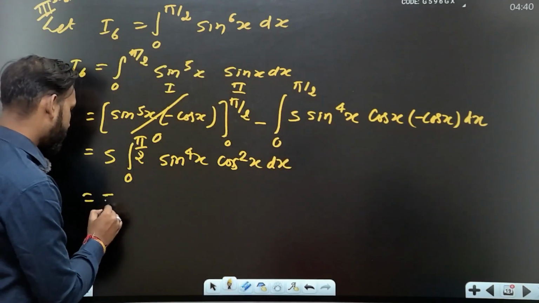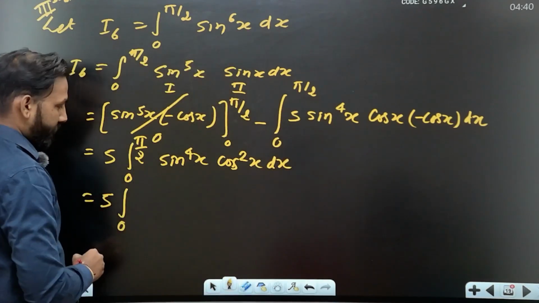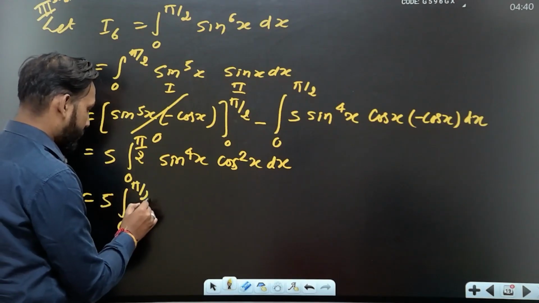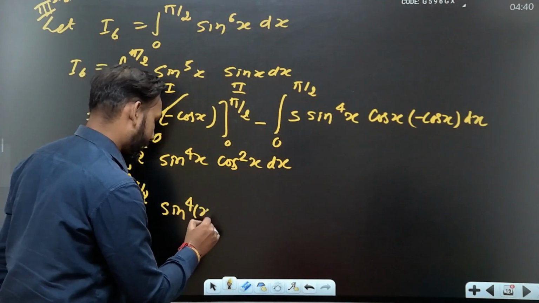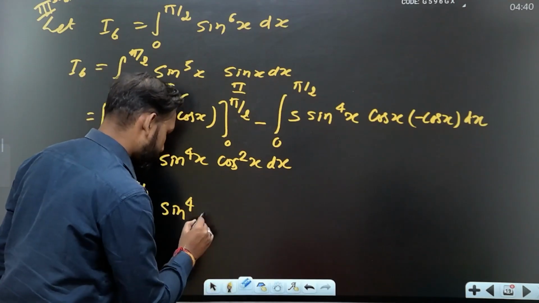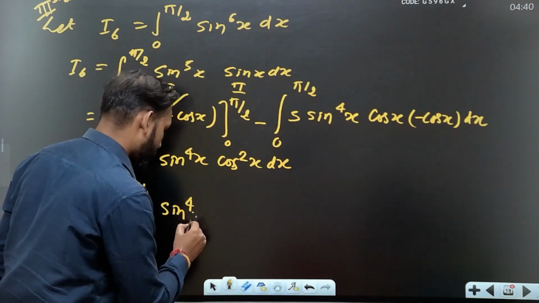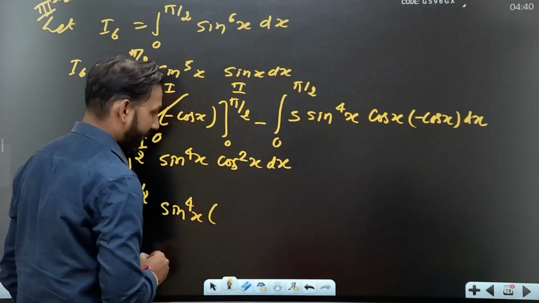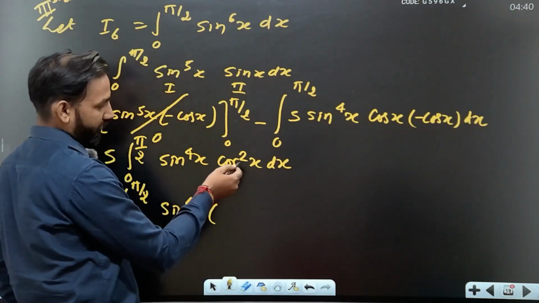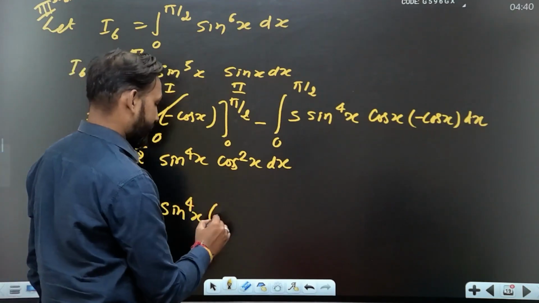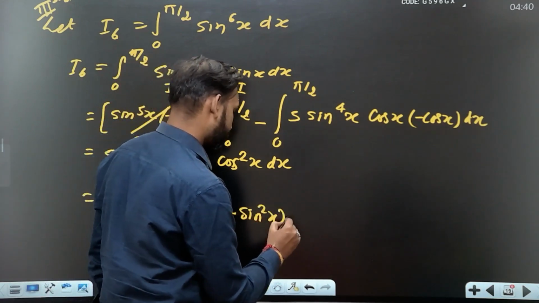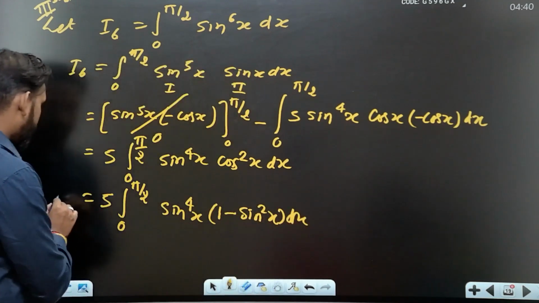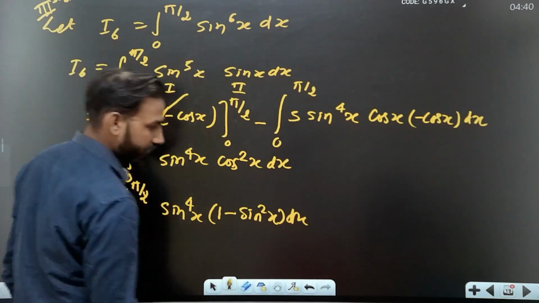Again, 5 times the integration from 0 to pi by 2 of sine to the power 4x multiplied by cos square x, which can be written as 1 minus sine square x, dx, and that is I6.